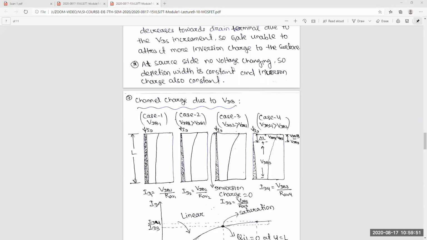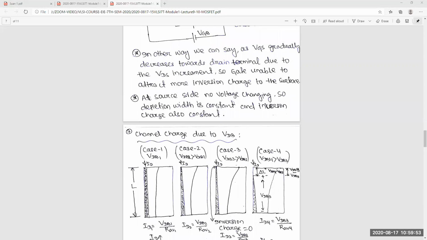Okay. So now again I will say the same thing. It's a complete resistance, so if you increase voltage, then ID will increase. That means it's linear, meaning ID is equal to VDB by this resistance. It's a linear function or not?